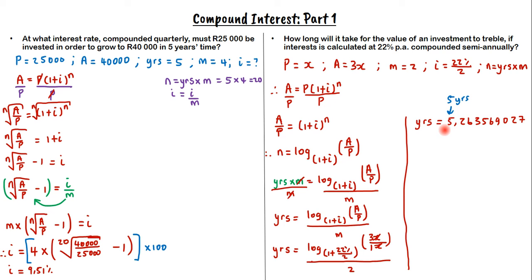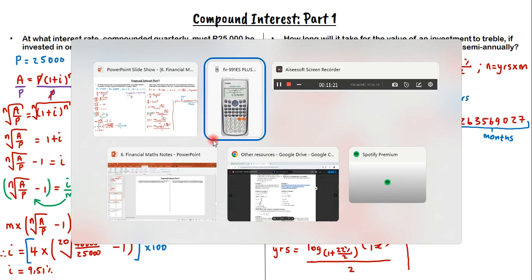Now to get the number of months, because it is in decimal, everything that we did now, we're calculating in years. To calculate this in months, this is what we're going to do. Because these are months, I'm going to write this as months. Now how do you get those months?